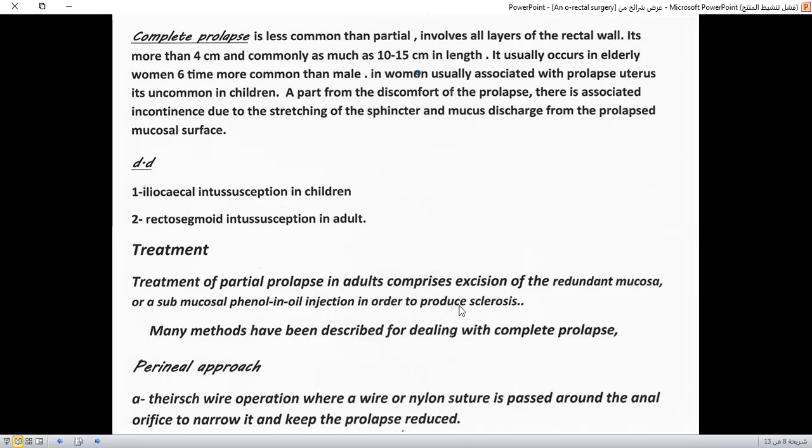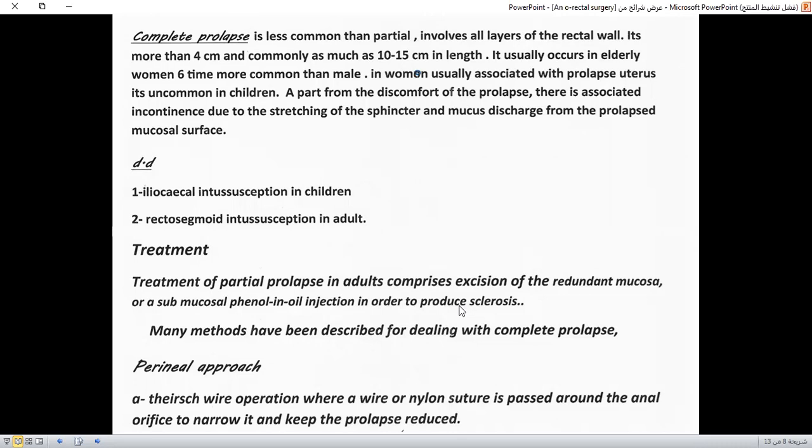Treatment of partial prolapse in adults comprises excision of the redundant mucosa or a submucosal phenol almond oil injection in order to produce sclerosis. Many methods have been described for dealing with complete prolapse.